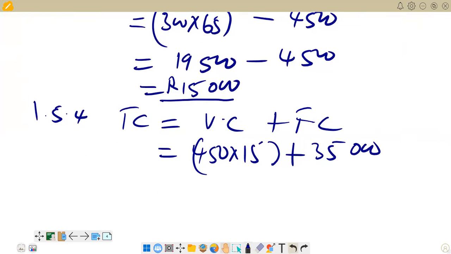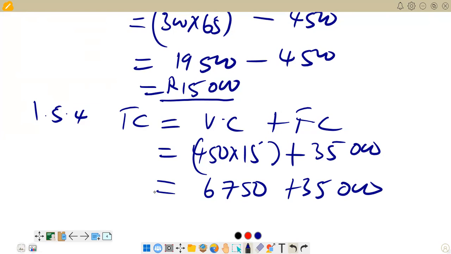If you calculate that, 450 times 15, you get 6,750. And then you add your 35,000 for fixed costs. If you add the two, you're supposed to get 41,750.